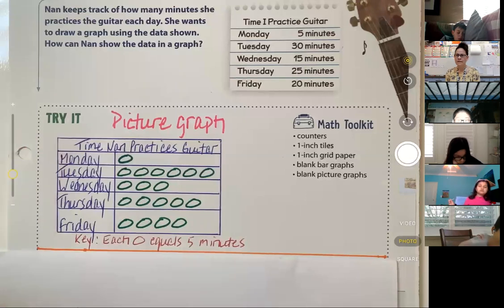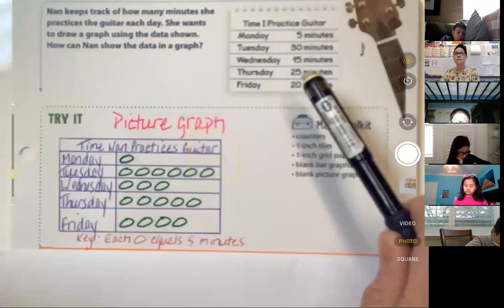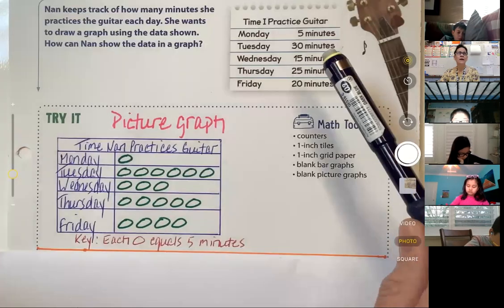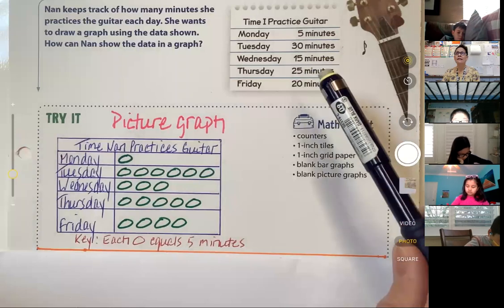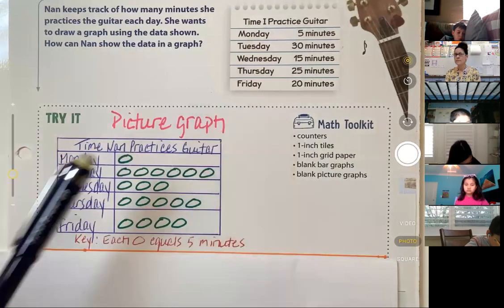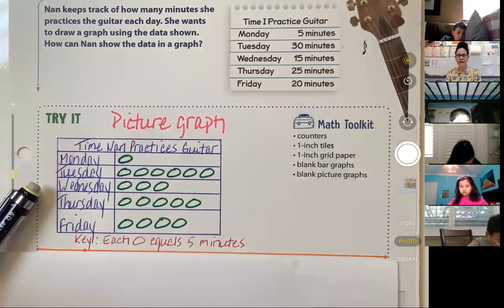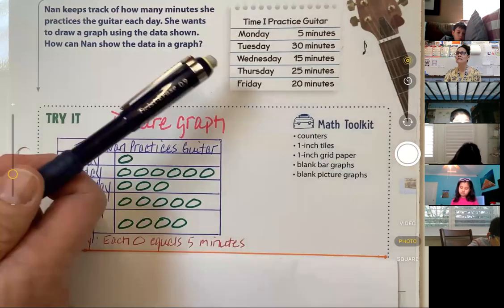Great. So what I've done on my picture graph is I've taken the information from Nan's notes. So I thought, oh, okay, Nan took notes every day. So I'm going to represent every day. Monday, Tuesday, Wednesday, Thursday, Friday. Did I guess at that? No. That's what Nan did.